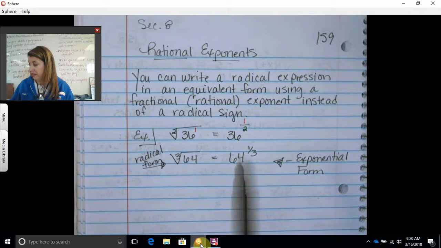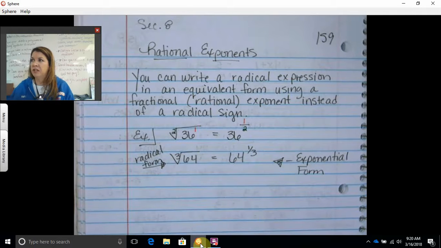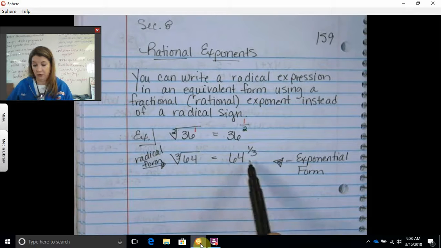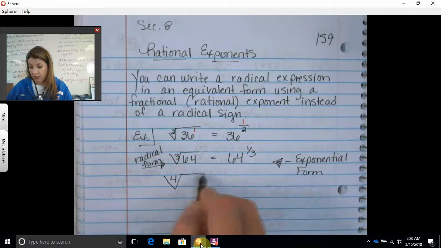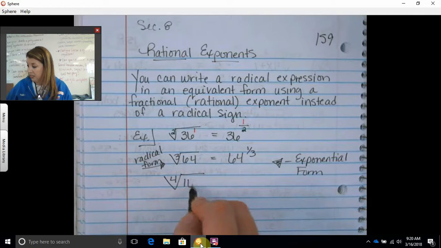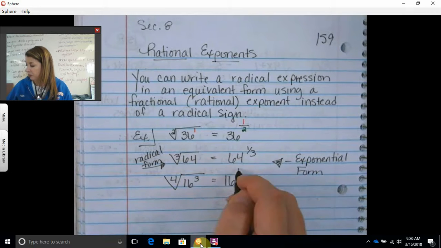You can simplify it like this, but if that confuses you, like, oh yeah, I can convert that to a radical and that'll be easier for me to conceptualize. Maybe it's not. Maybe that's easy for you. So what if I had the 4th root of 16 cubed? 16 raised to the 3/4 power, exactly.